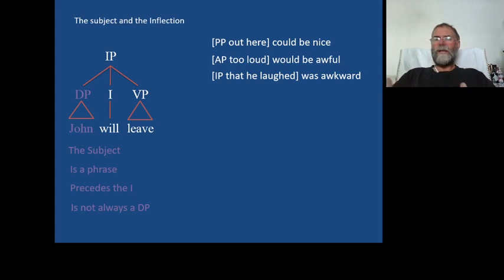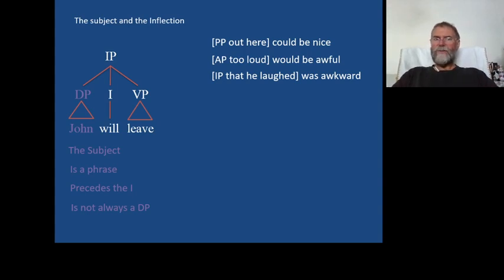Therefore, there's no limit, no restriction placed on the category of the subject like there is on the category of the complement. So again, then, this is another reason to believe that the subject is not a complement of the inflection. It doesn't have that restrictive relationship with the head of the phrase that a complement would have.